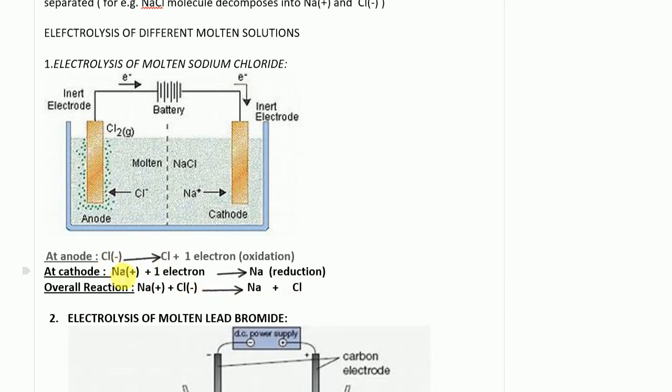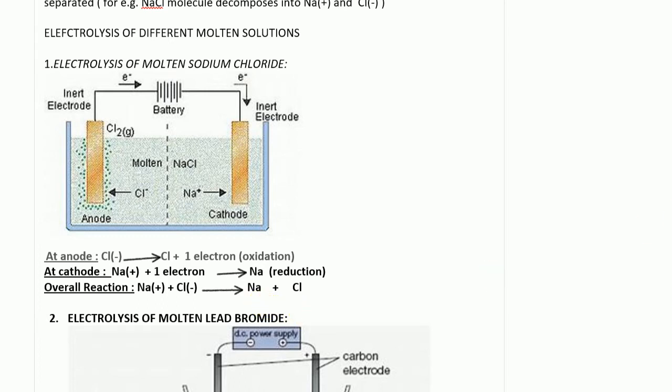If we add the left hand side, the overall reaction will be Na+ + Cl- giving rise to Na and Cl. This overall reaction, which we have already seen physically, is that this Cl- loses its electron and becomes normal Cl, and this Na+ gains an electron and becomes normal Na. So this is what we are getting at the end, that is normal Na and normal Cl.